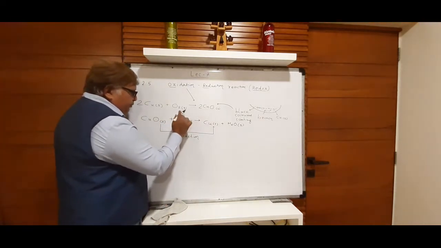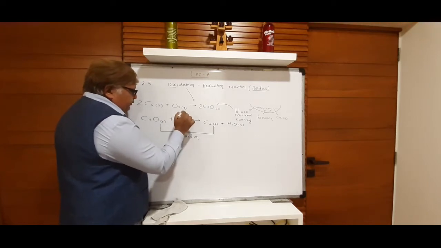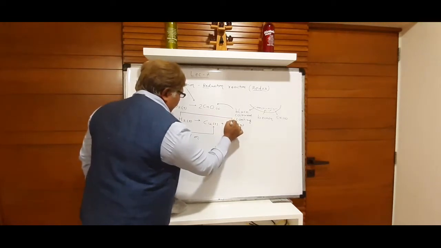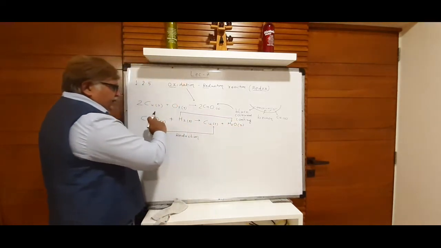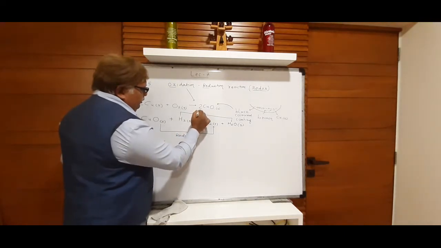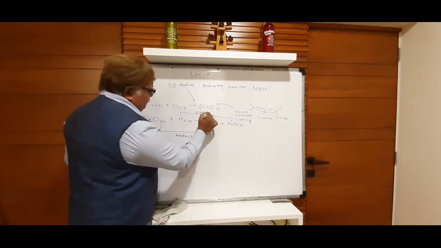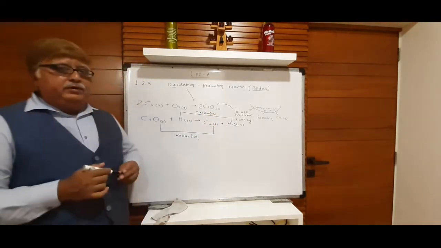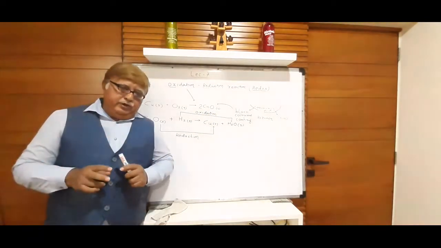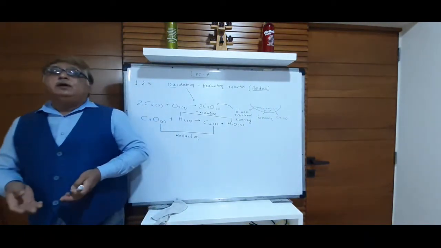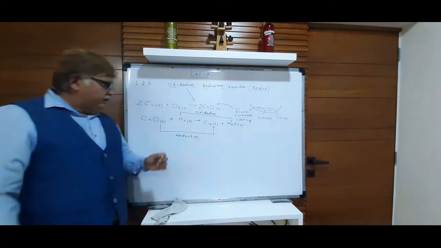At the same time, hydrogen is converted into H2O by getting oxygen, so I can call it oxidation. So in this particular chemical reaction, two things occurred simultaneously. Oxidation also took place and reduction also took place.